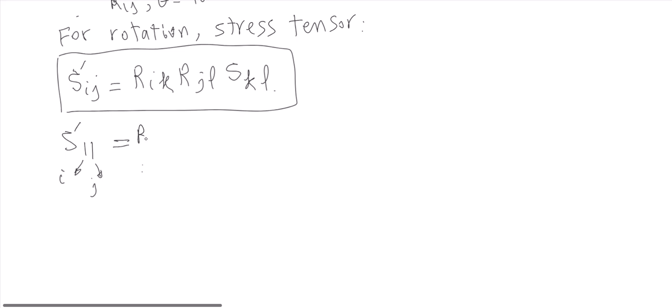So i will be 1k, j will be 1l, S kl. Now you have to expand. Let's expand on k first. So R1k, k becomes 1, 2, 3, and then I expand, and then I keep l, and then expand on k will be 1 l.